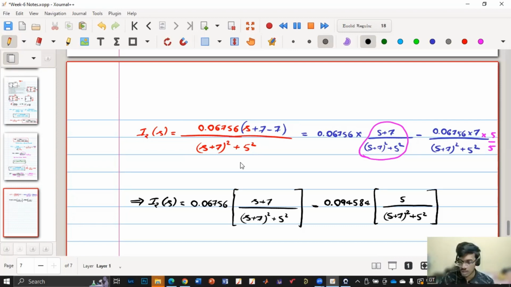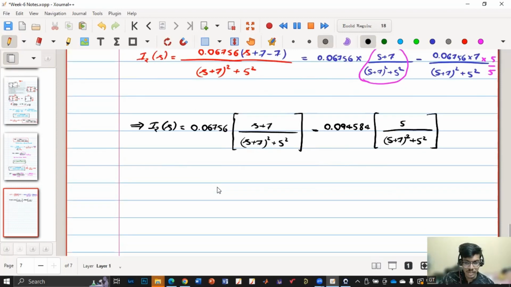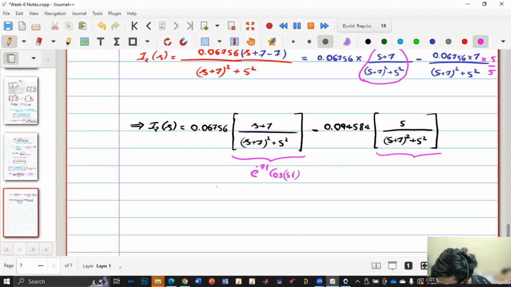So we have just converted everything into the expressions that we know the inverse Laplace transform of. So I know that this is e to the power minus 7t cos 5t, and this is e to the power minus 7t sin 5t. Right? Do you agree?